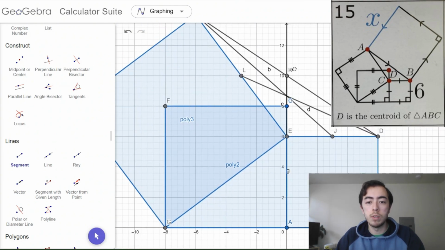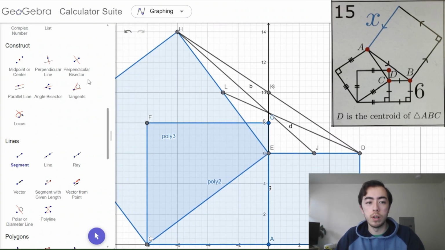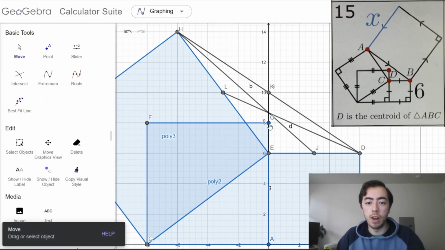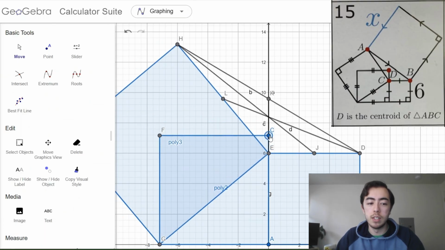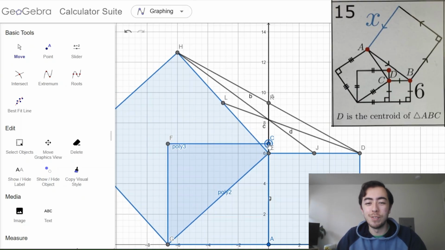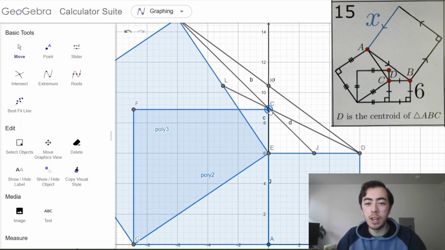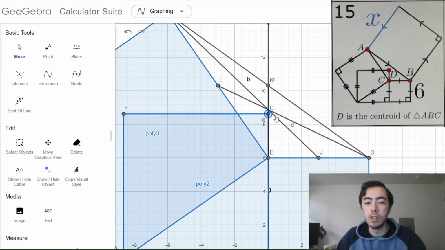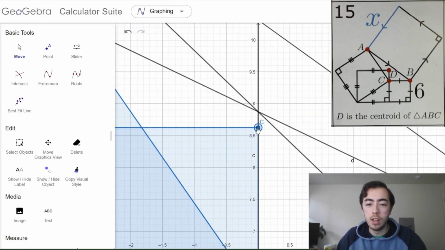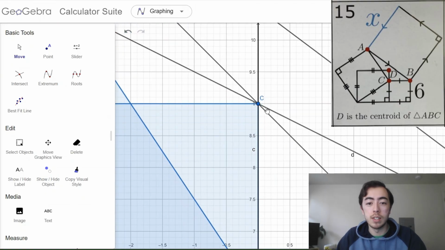So really all I would need to do with GeoGebra is click and drag this point C, or D in the calendar picture, until it matches up with the centroid. As you can see, as we go up, we get closer and closer, and it seems to intersect right around there. Let me zoom in a bit more. Zoom in more, and it intersects exactly at 9.